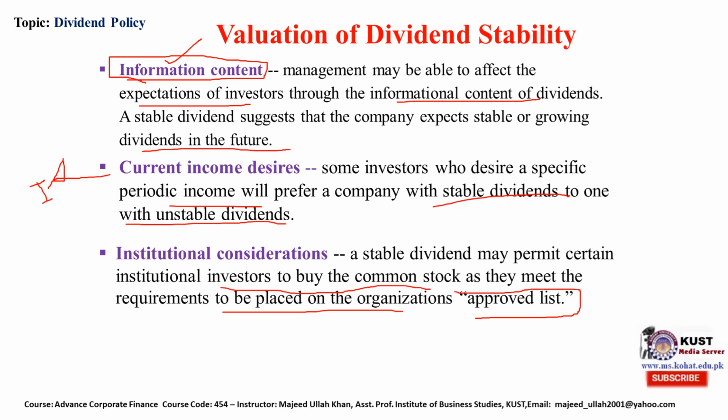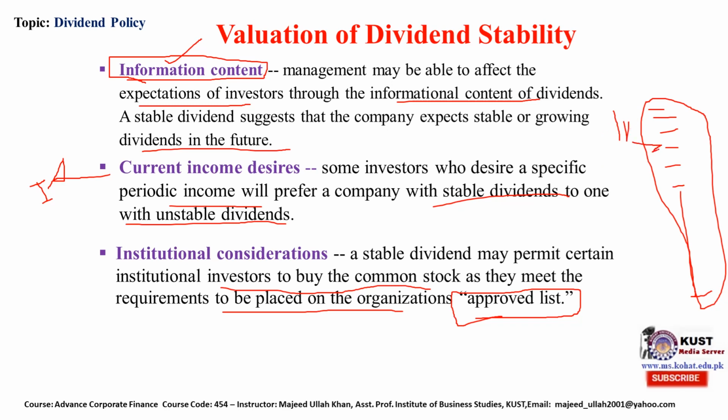Means sometimes some investors have a restriction that they must invest in a list of companies who are paying constant dividend. Let's suppose these are a 50 company list that are paying constant dividend. So the institutional investor should invest in this list of companies.